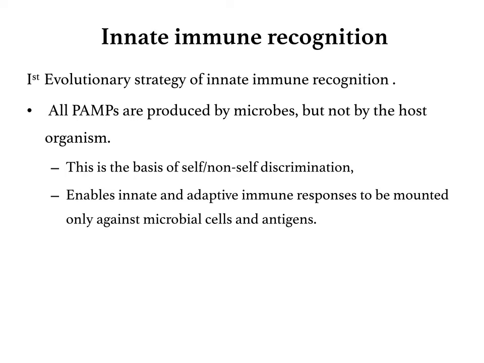This is the basis of discrimination between the self and the non-self, a key aspect of innate immune recognition that enables innate and adaptive immune responses to be mounted only against the microbial cells and antigens.